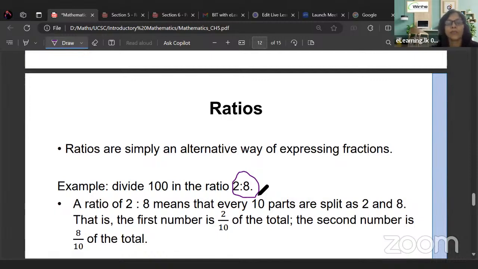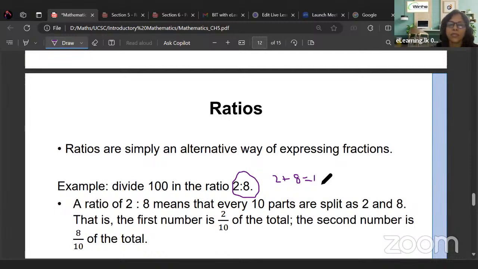If we take 10 parts, it is split into 2 and 8. Then we can write the 2 to 8 ratio as fractions. 2 you can write as 2 out of 10, or 2 divided by 10. And also 8 you can write as 8 divided by 10. Here you can see 2 plus 8 is equal to 10.